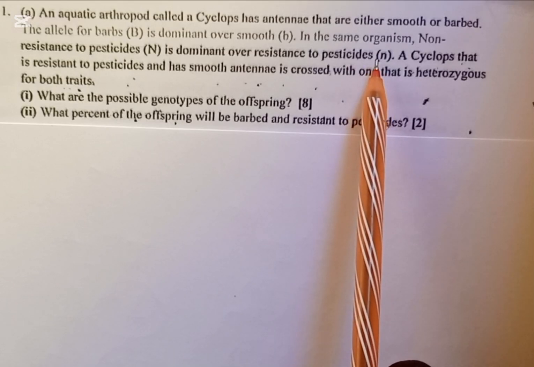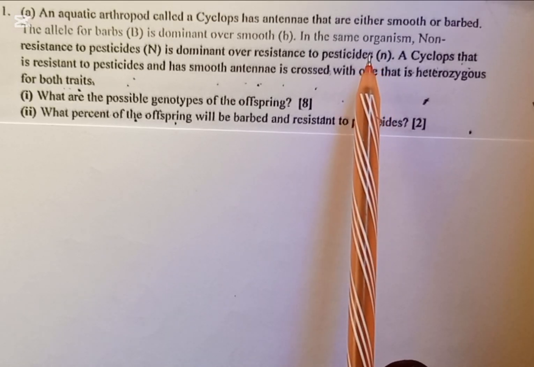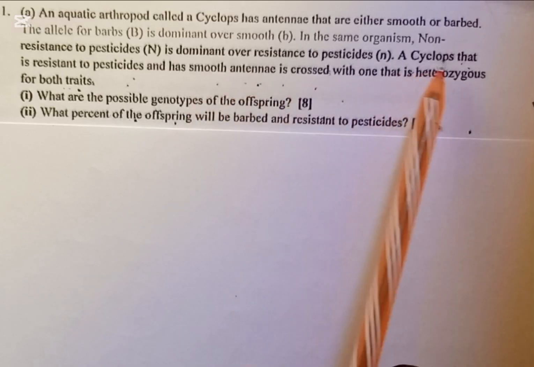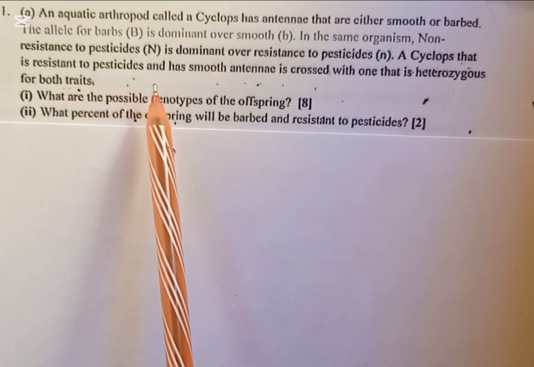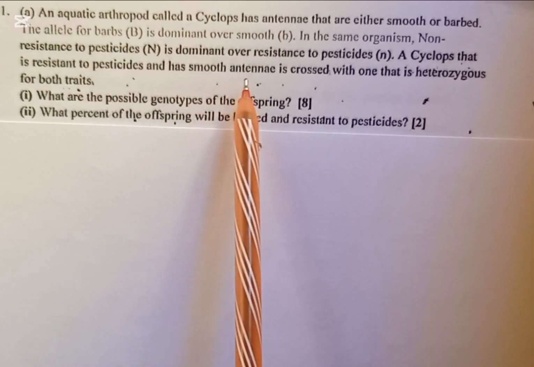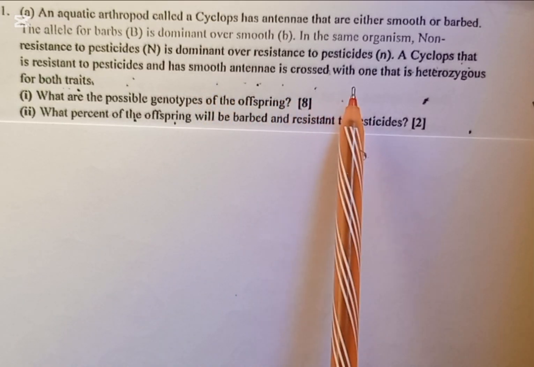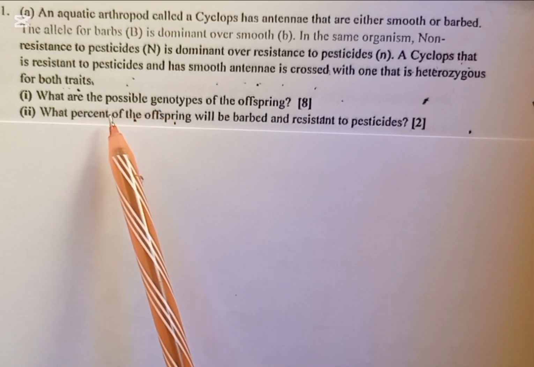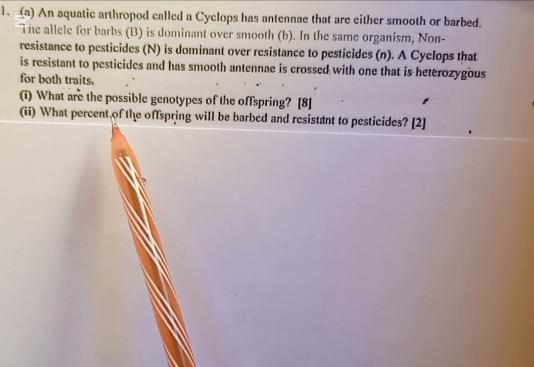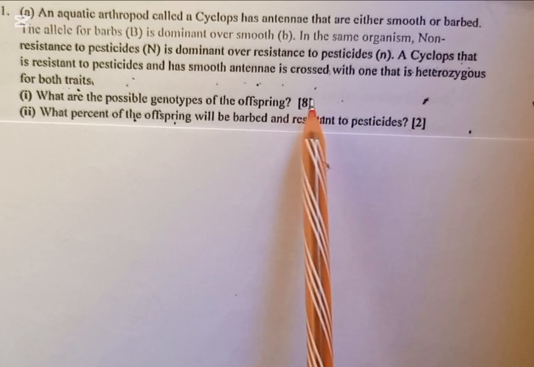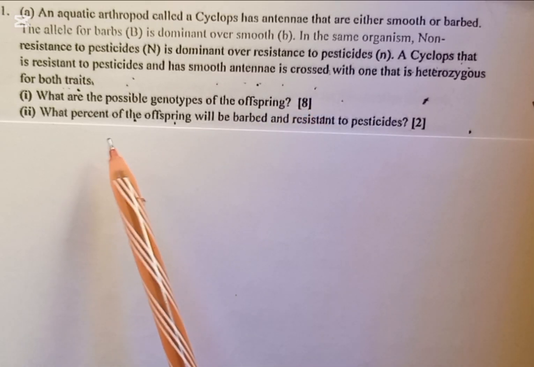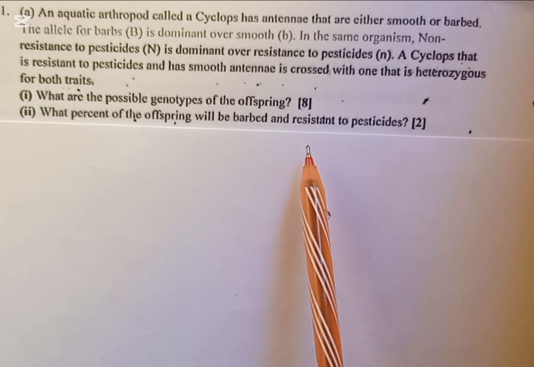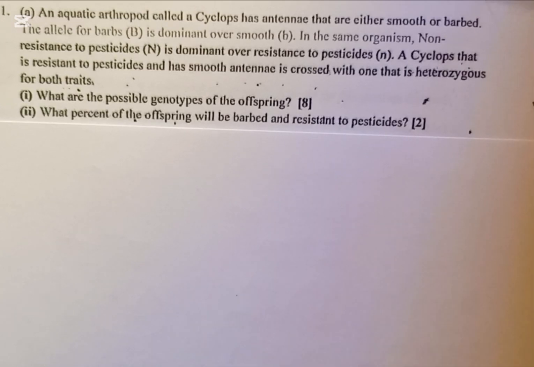This is also another characteristic. So we have how many? Two characteristics that you're looking at here. So we're saying a cyclops that is resistant to pesticides and has smooth antenna is crossed with one that is heterozygous for both traits. First question, what are the possible genotypes of the offspring? Second question, what percentage of the offspring will be barbed and resistant to pesticides?